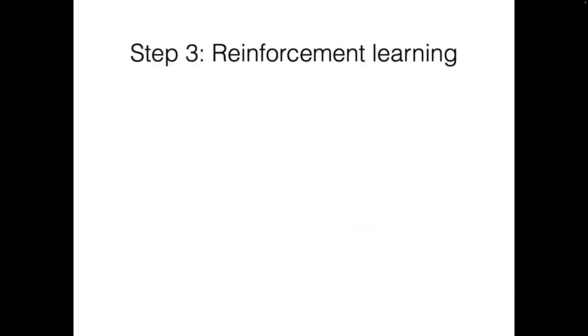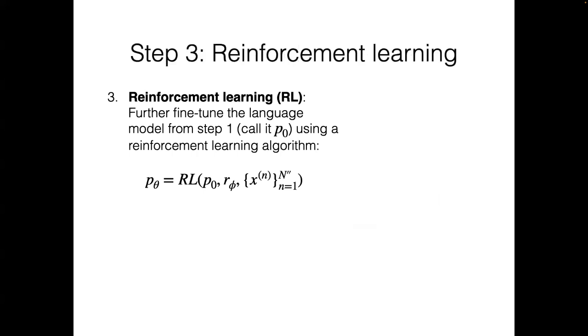Okay, so now you have some initial model, your SFT model, and we'll call that P0. And now we have this reward function that we've trained. And so now we're going to use a reinforcement learning algorithm to update the model and get our final one.